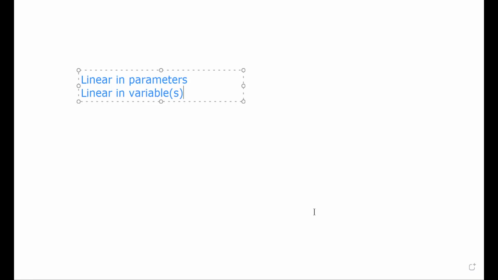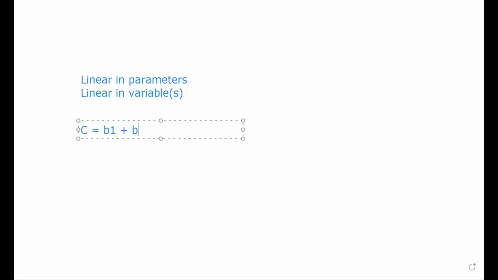For the second one, the equation can be non-linear in variables. For example, here I write down the cost function. The cost function is beta 1 plus beta 2 q plus beta 3 q squared plus beta 4 q to the power 3, plus residuals.